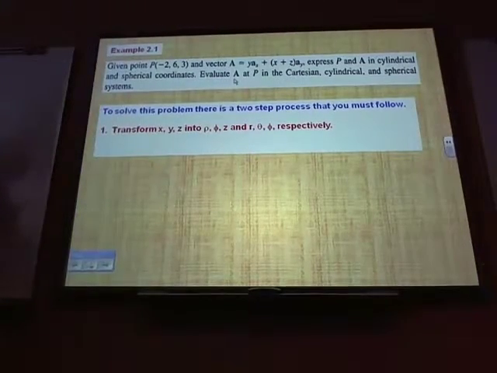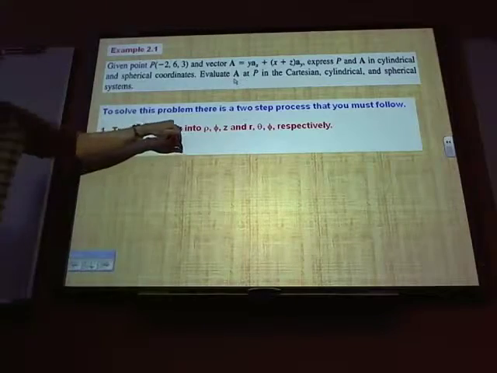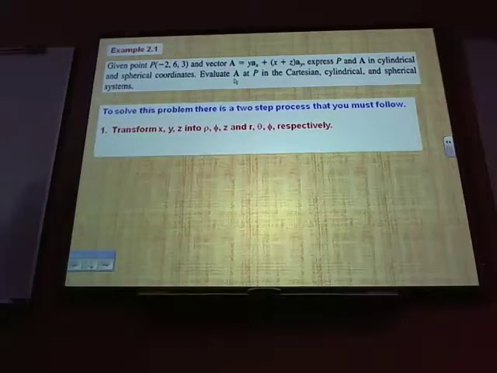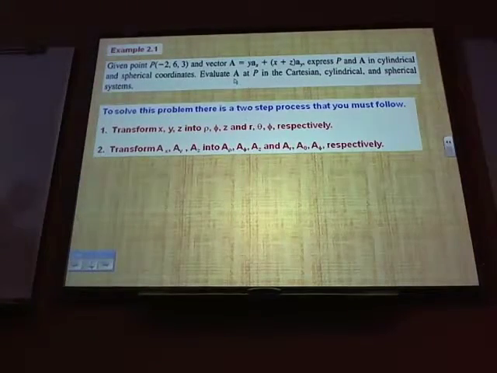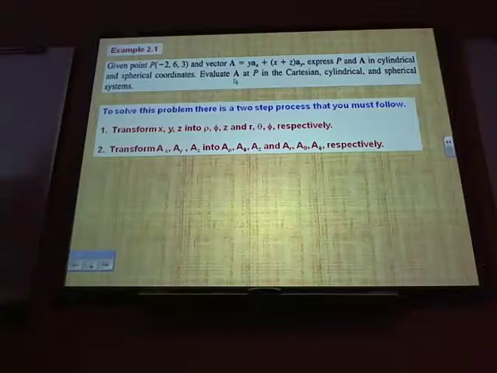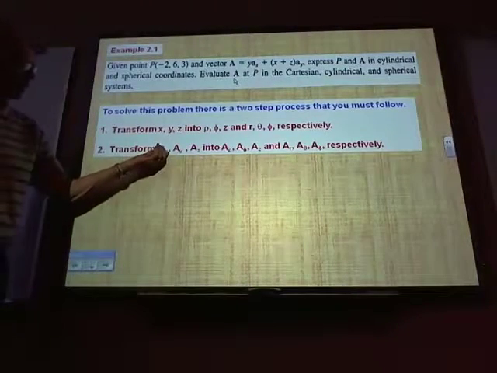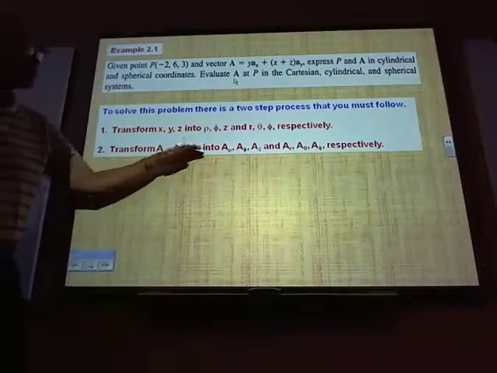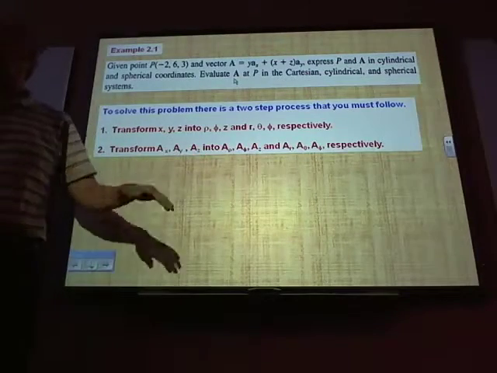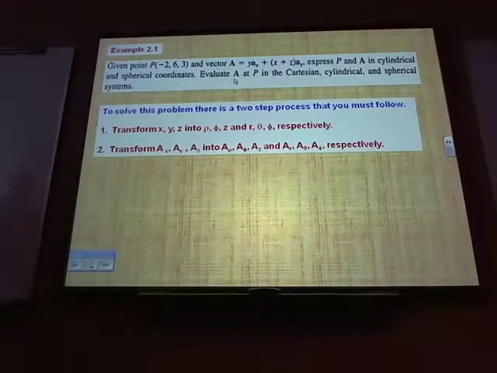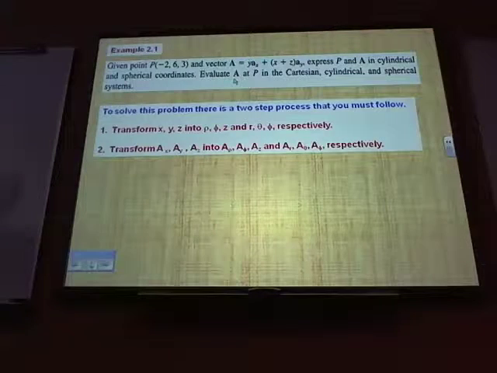So the first thing you do is you take the values x, y, and z and make this transformation. The second thing we want to do is, once we've made the transformation, you take Ax, Ay, and Az, and then you transform them. That's the process you want to go through.